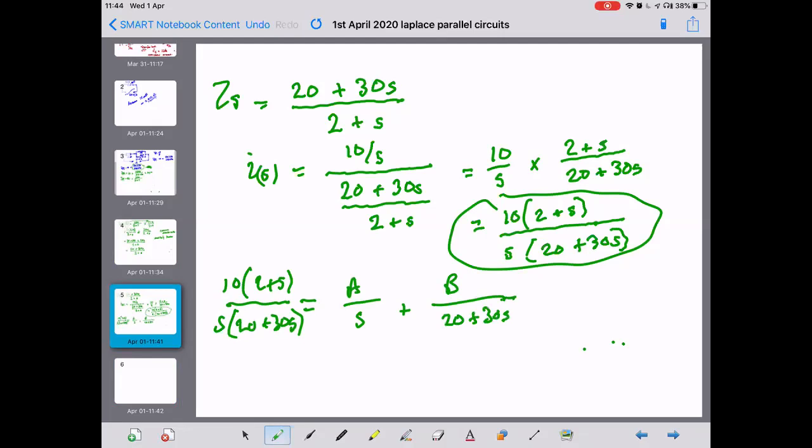And then now we need to do partial fractions on that expression.